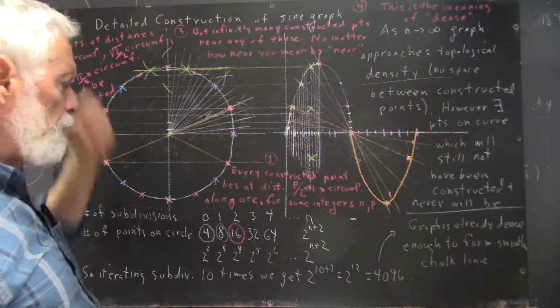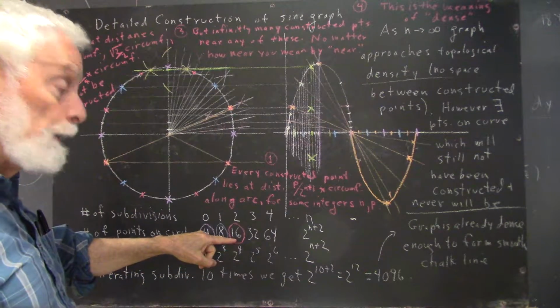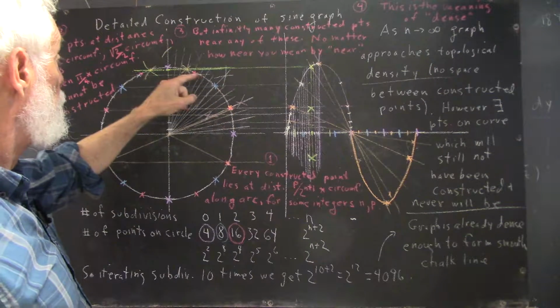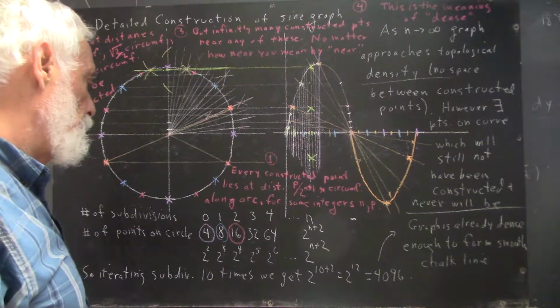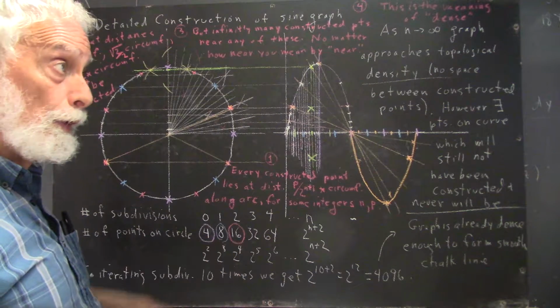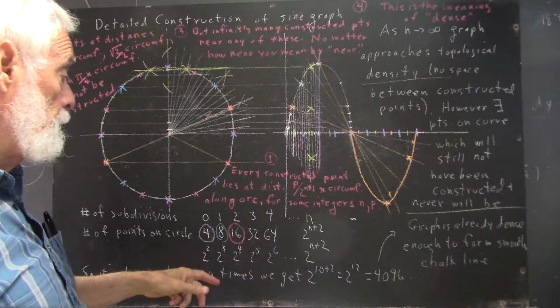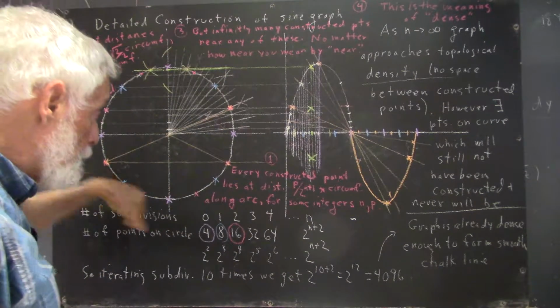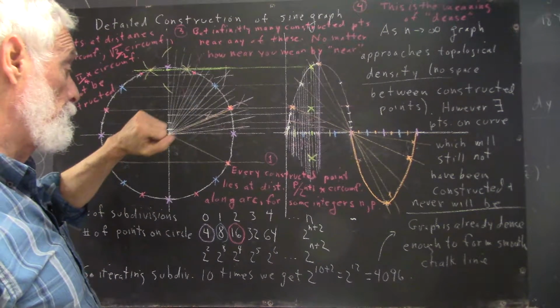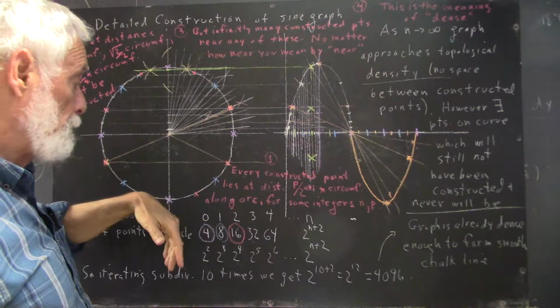If we divide the circle into 16 arcs, that's 1, 2, 3, 4, and so forth. Well, that's 2 to the 4th, right? So 16 is 1 over 2 to the 4th times the distance around, or 1/16 the distance around.